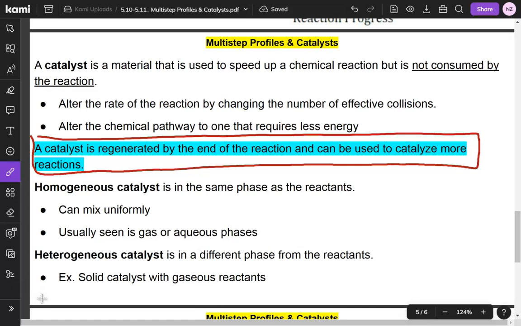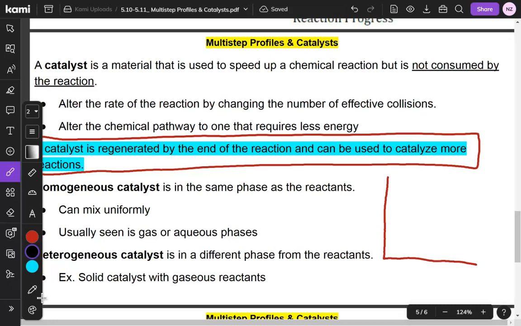So a catalyst will speed up the reaction and it will regenerate itself in the reaction to cause the reaction to happen again. When we look at an example here, you'll see what I mean. If you recall, a catalyst lowers the activation energy.